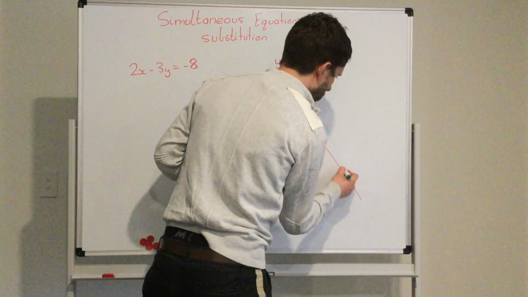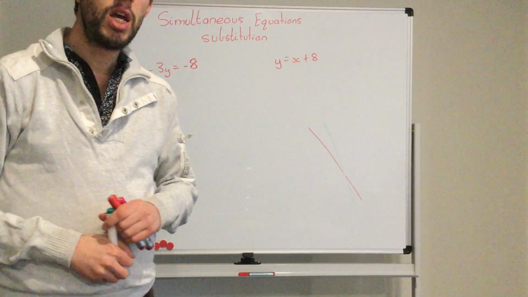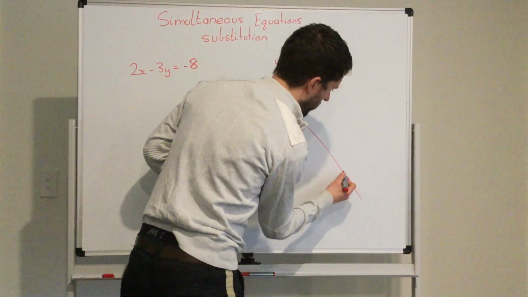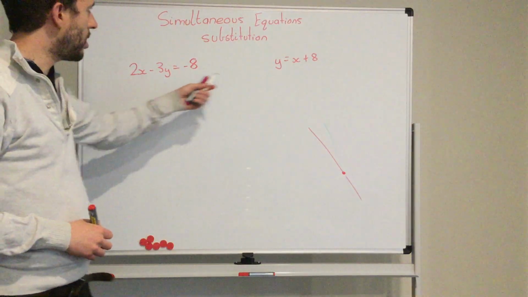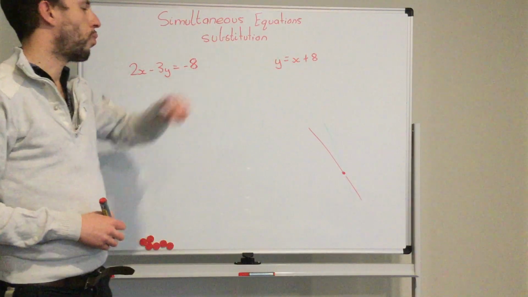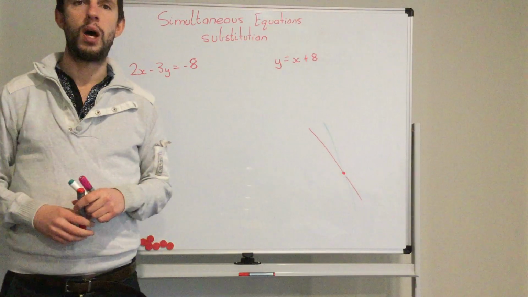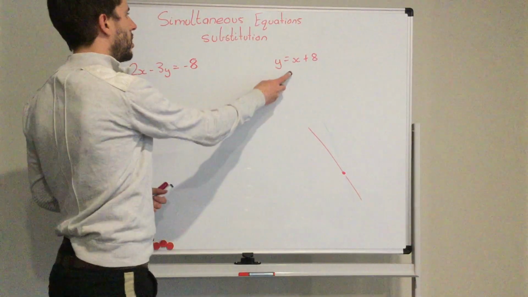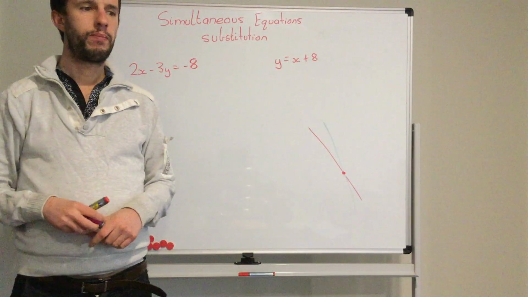It doesn't matter, at some point they're going to cross, unless it's a parallel line. So there is one spot that it is going to cross. That means at one certain point, this x and this y will be exactly the same as this x and this y. That's where we can join our equations to help us out.